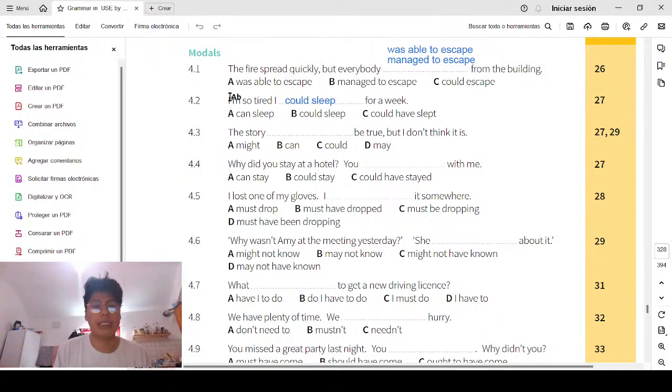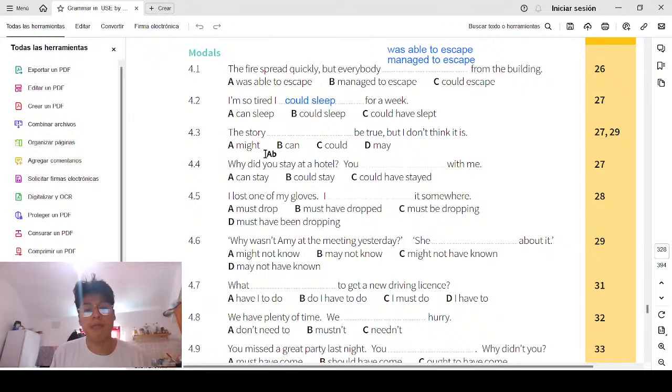That's why it's I could sleep, right? So in this sentence we're talking about an expression and a hypothetical situation, an imaginary situation, not real life. It's just an expression.